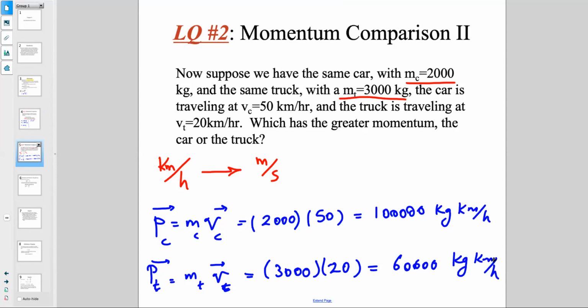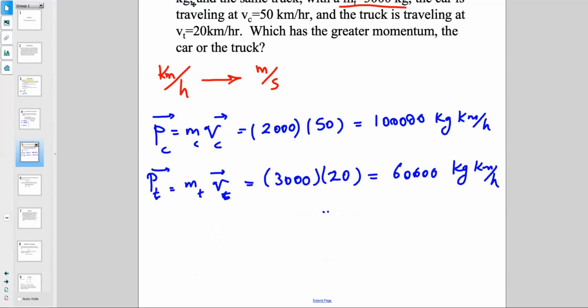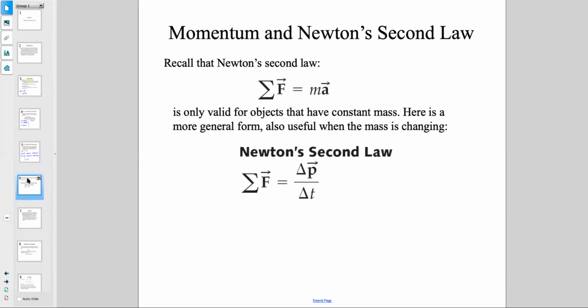In this case, the car would have a higher momentum, because the number is 100,000 and this is 60,000. So P of the car is greater than P of the truck. Okay? Momentum and Newton's second law.